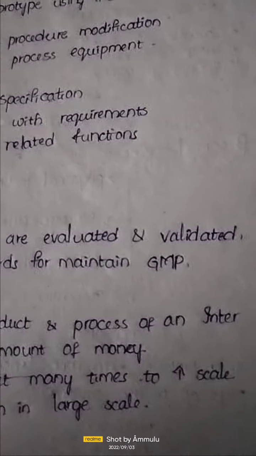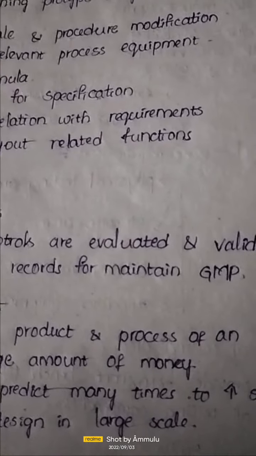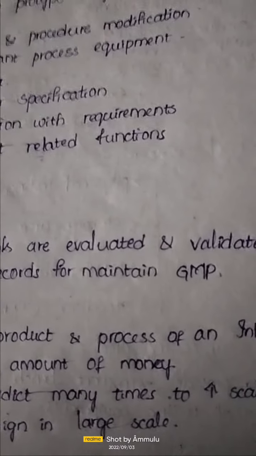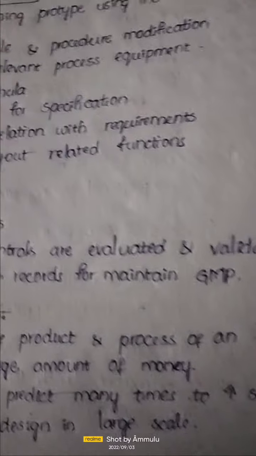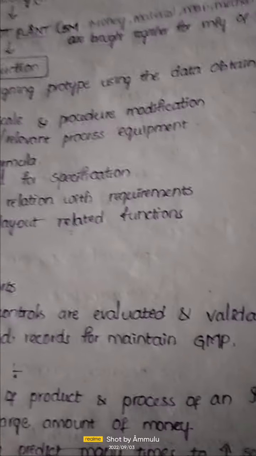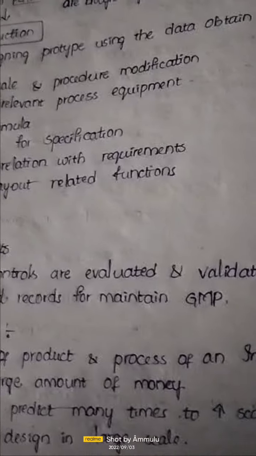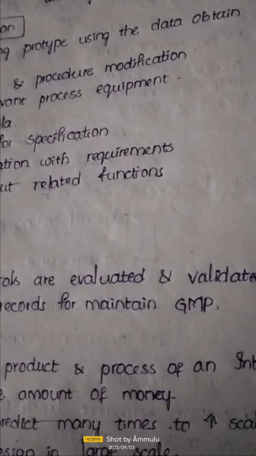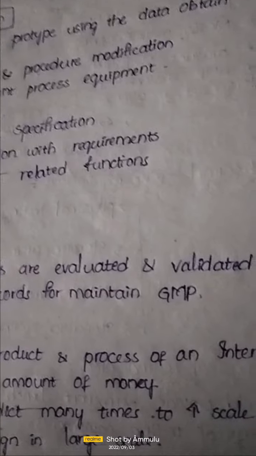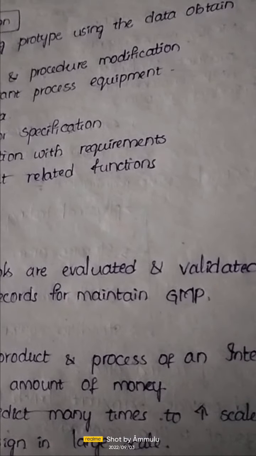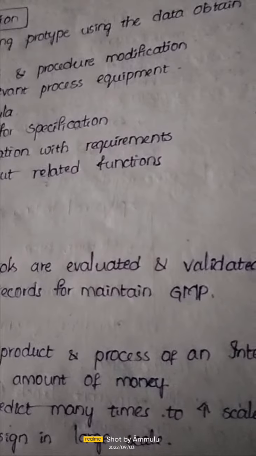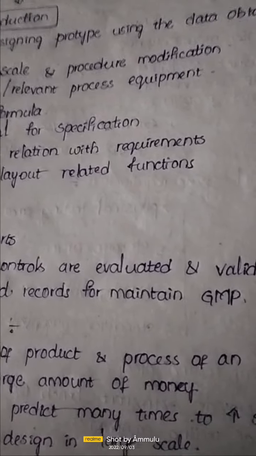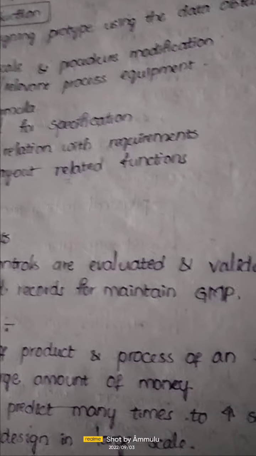And the main objectives of the scale up process are close examination of the formula, checking new raw materials for specification and production rate with the requirements, and physical space layout which is related to the functions.